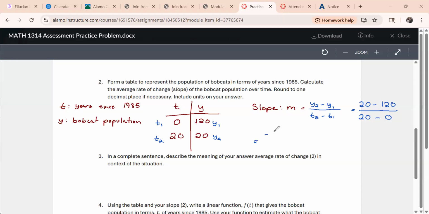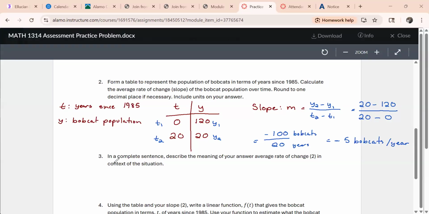So if you do that difference, that's negative 100 over 20. So remember, this is bobcats, and this is years. So if we simplify that, we're going to get negative 5 bobcats each year.